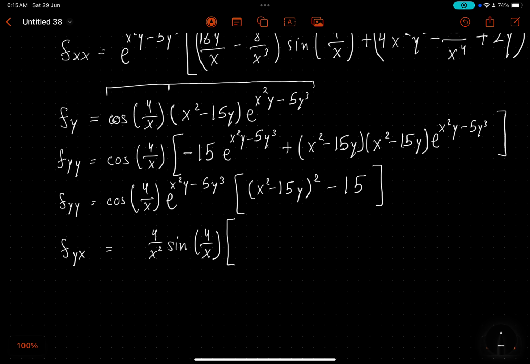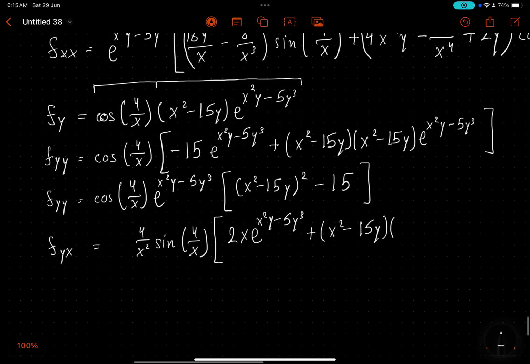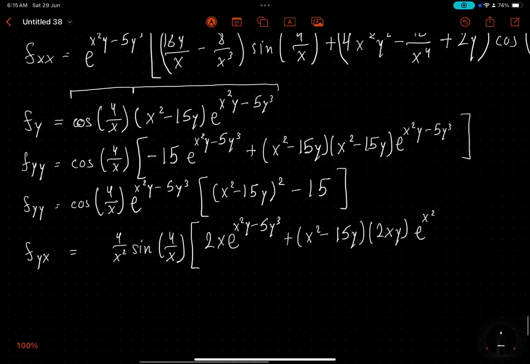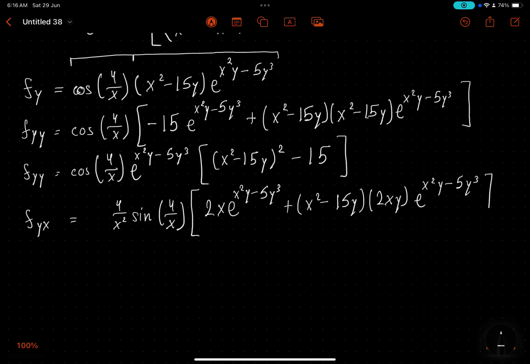So our first part differentiating with x is going to be 2x multiplied by e to the x squared y minus 5y to the 3, and then the second part x squared minus 15y, and then differentiating the exponential, we get something like 2xy multiplied, of course, by the exponential itself, x squared y minus 5y to the 3. Now this is our first part of the product rule.